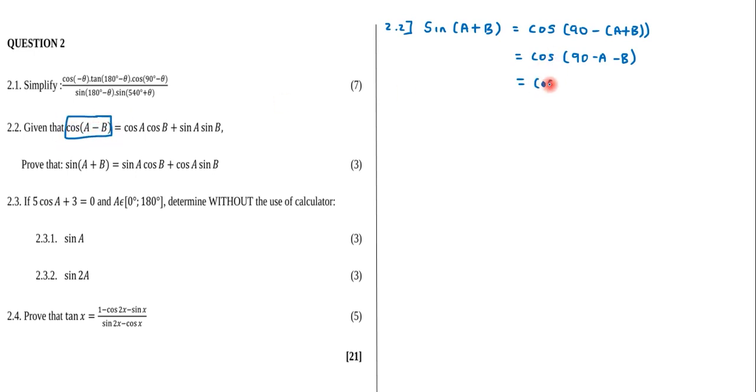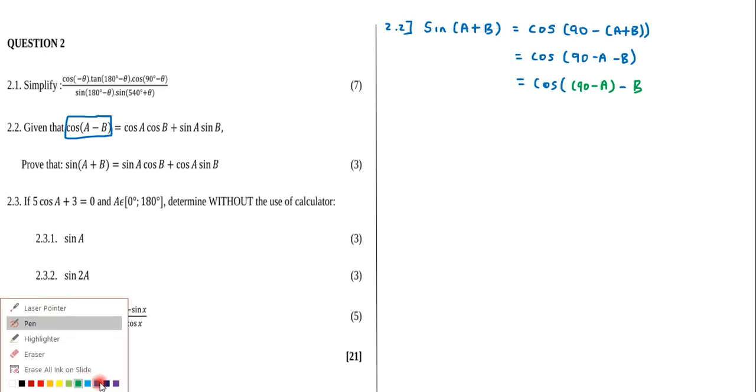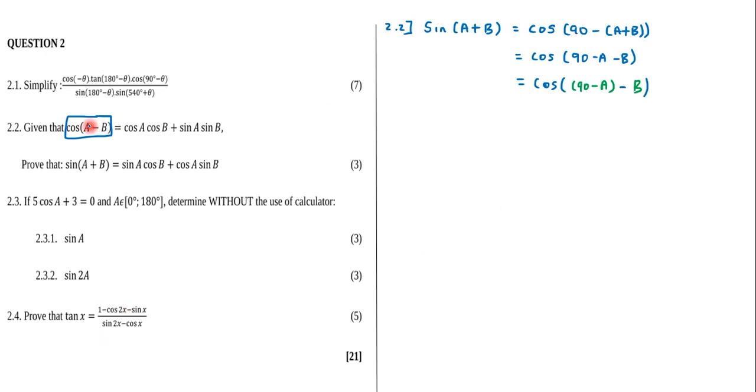So how we're going to do it is that we're going to take the first two terms there. So I'm going to use a different color for that. The 90 minus A, we're going to put it into a bracket to show that it is one angle. And then from there, I'm going to put a minus, and then B is going to be another angle. So I'm going to write it as B. So by having it like that, it then looks similar to that one, right?